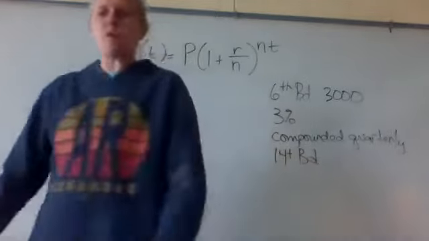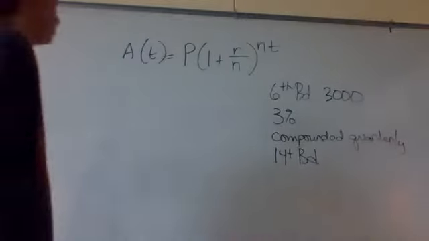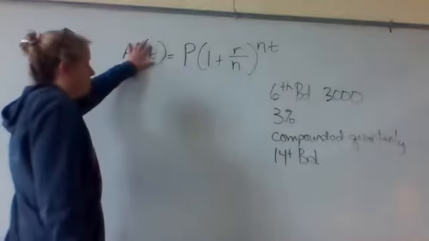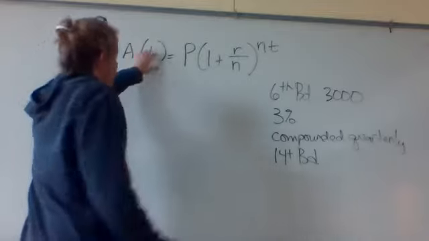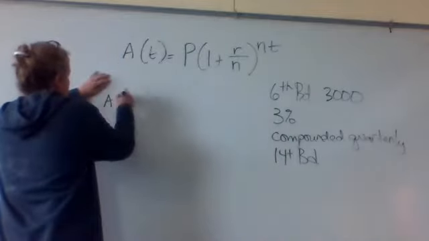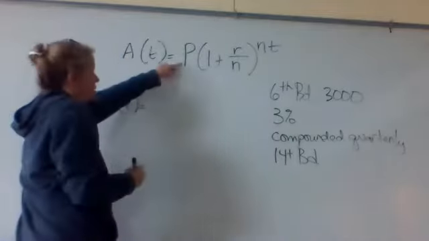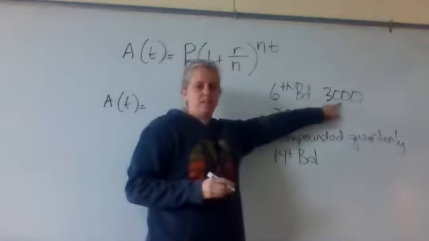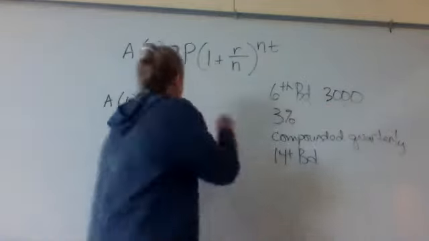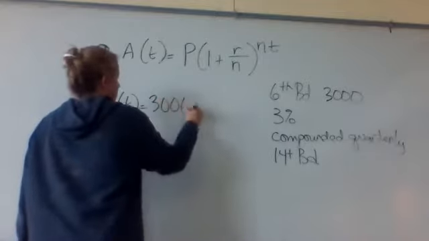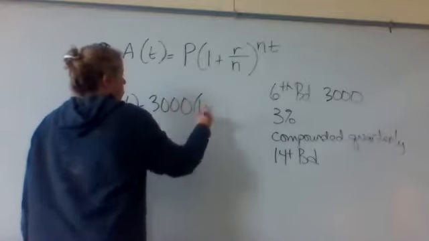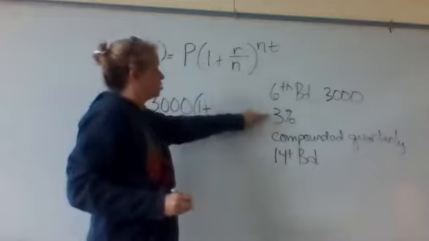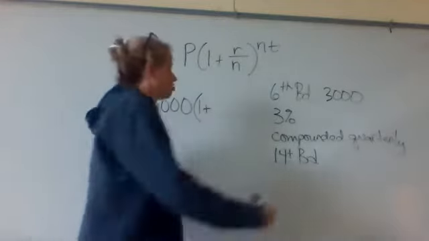So let's see what we know. We don't know the end result. That's what we're going to find. Do we know the principal? What did she start off with? $3,000. Then 1 plus. Do we know the interest rate? Well, the interest rate is 3%.